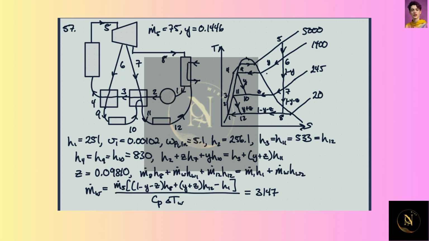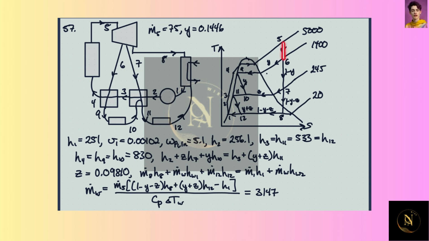So how does this look on here? We go from 1 to 2 to 3, heating up some more, to 4, heating up some more, and then we keep heating it into the boiler, and then we boil it, and then we superheat it.